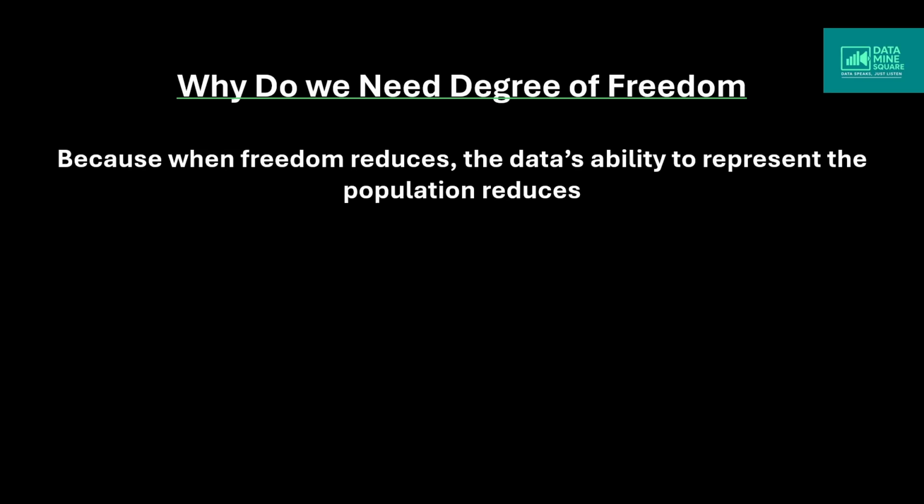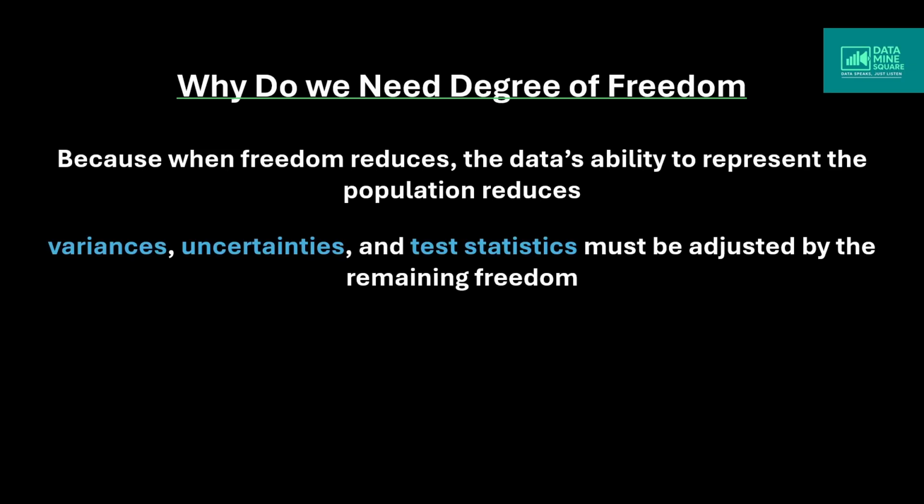Now we will see why we need degree of freedom. Because when degree of freedom reduces, the data's ability to represent the population reduces. For example, if the population is huge, and we won't be able to take the value of all the data points to calculate a statistic, at that time we take samples of that population, and that sample helps us to represent the behavior of the bigger data set.